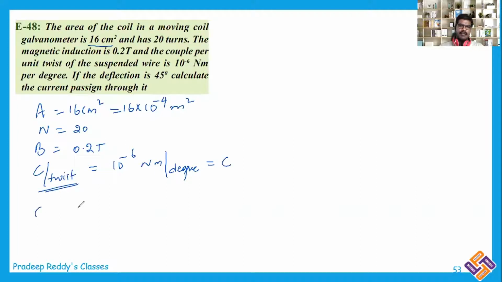It is C, given as 10 power minus 6 Newton meter per degree. And if the deflection is 45 degrees, theta is equal to 45 degrees. This can be written as pi by 4. Calculate the current passing through the coil.